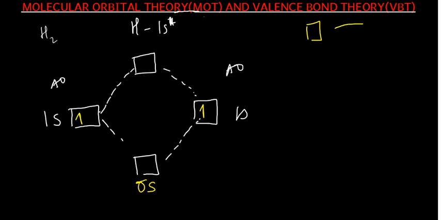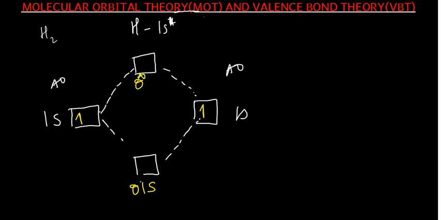One electron comes from one atom, another electron from the other atom, and a single bond is formed. Because they are coming from the 1s, we are going to call it a sigma 1s. And the one which is higher in energy is also a sigma 1s, but because it is higher in energy, it doesn't support bonding, so we put a star there. So it is a sigma star 1s.